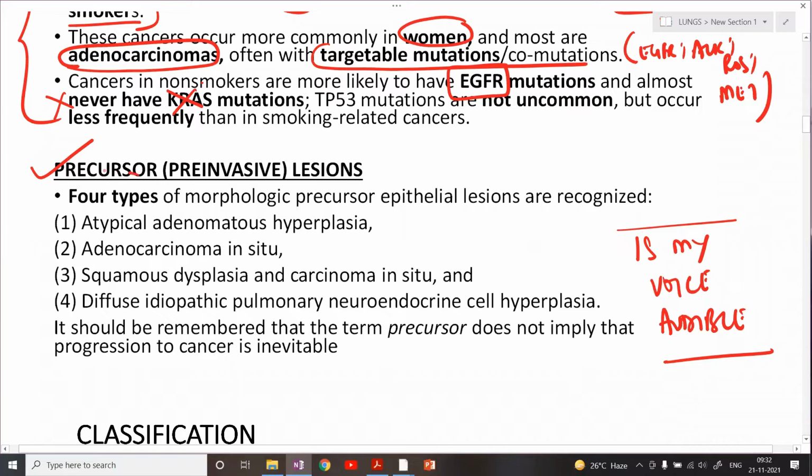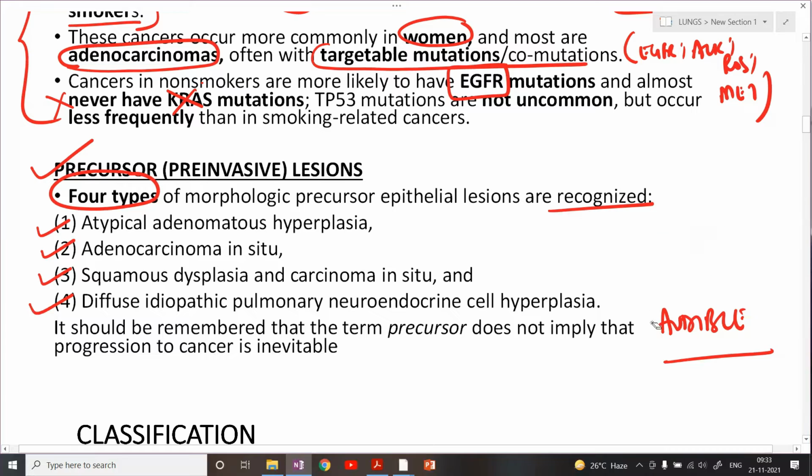Basically 4 types of morphological precursor epithelial lesions have been recognized. These are atypical adenomatous hyperplasia, adenocarcinoma in situ, squamous dysplasia and carcinoma in situ, and diffuse idiopathic pulmonary neuroendocrine cell hyperplasia.